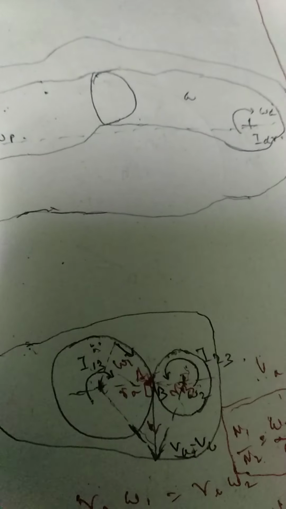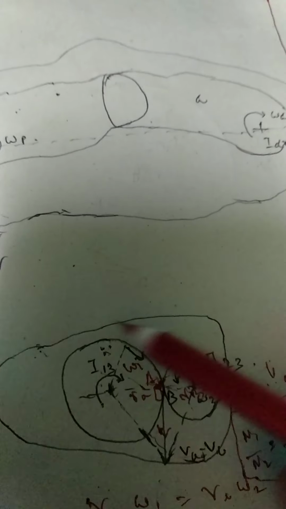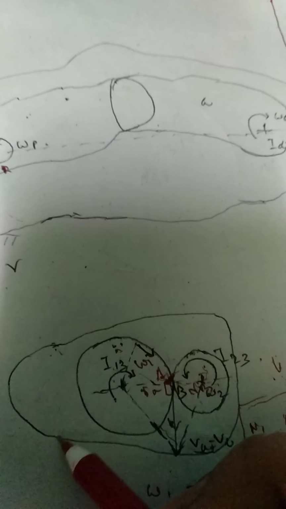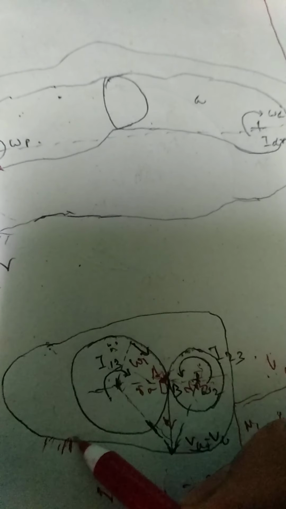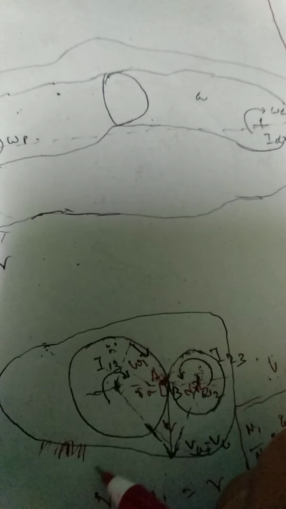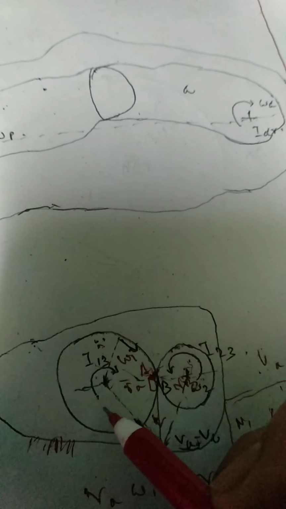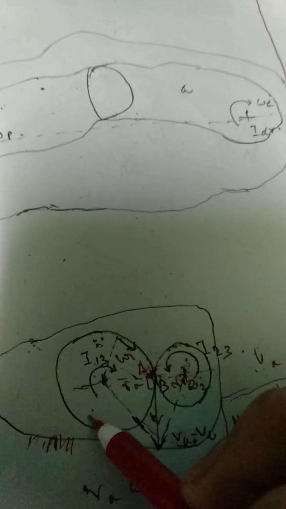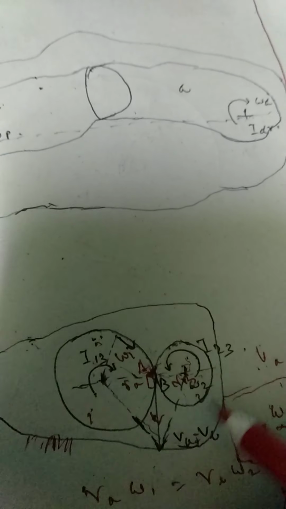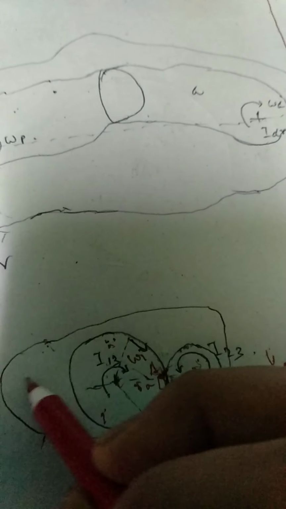Now consider another body, which is fixed. Suppose this is the space. This body is 1, this is 2, and this bigger body is 3.